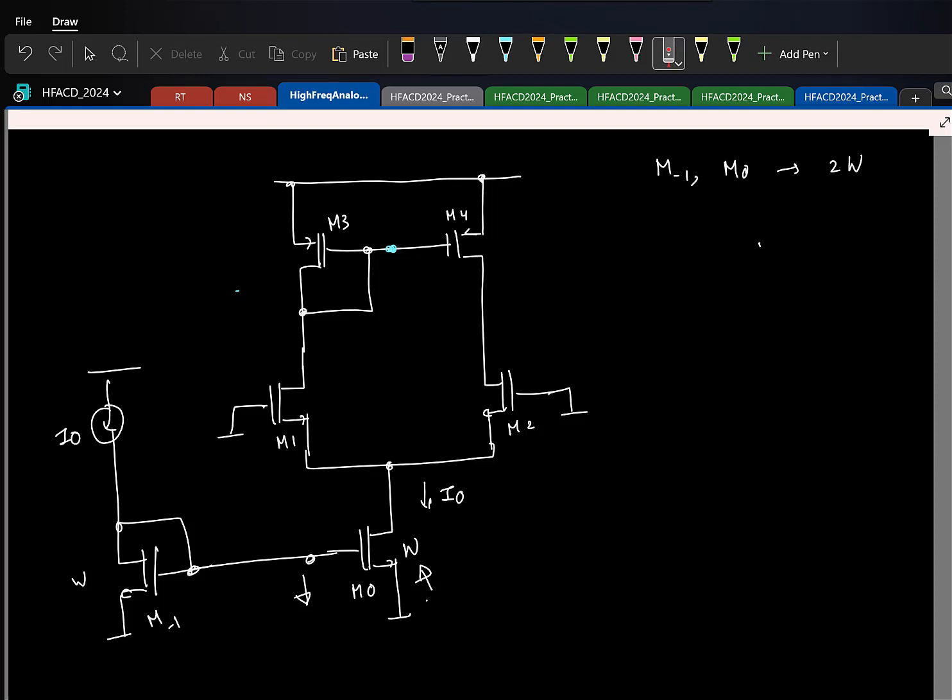If this goes, what all will change? Think of it like this: when I change something, look at what happens to the operating point and what happens to the small signal parameters. With respect to the operating point, the gate to source voltage reduces. Is it good or bad for this transistor?